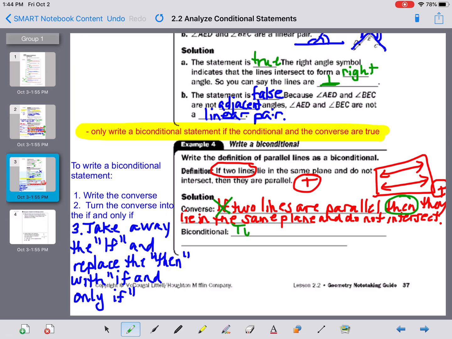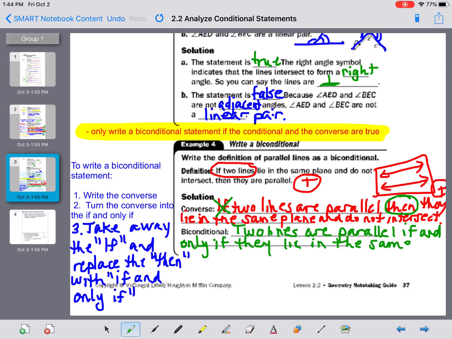So I write two lines are parallel if and only if they lie in the same plane and do not intersect.